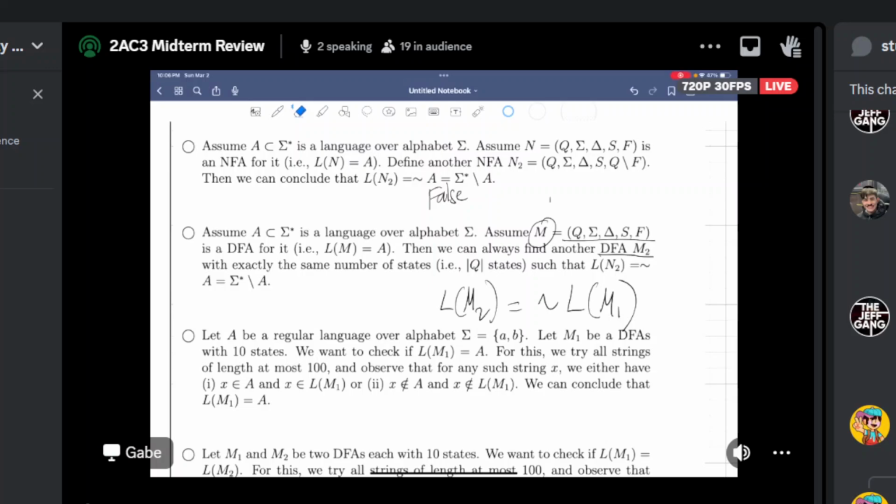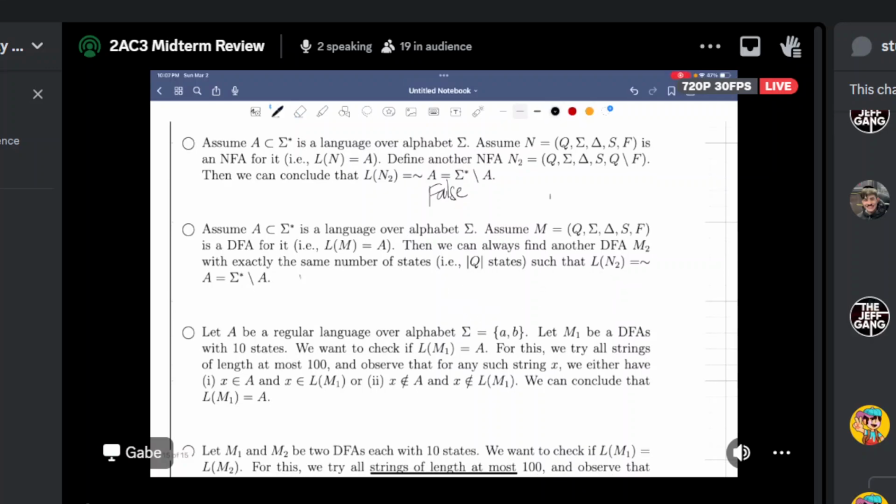Well, yeah, if you flip the accept states and the non-accept states, you're not changing the number of states. So yes, true. This only works because flipping the accept states gives you a DFA for the complement. That is not true for NFAs. If this question said NFAs instead, this would be false.